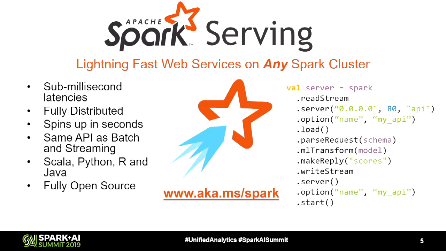And this will boot up and manage a server on each one of your worker nodes. And then you can work and manipulate it just like you do a regular data frame. You can apply anything in the Spark ecosystem that works with Spark streaming. And then the key abstraction here is that a server is kind of like a stream where the source and the sink are the same web request. And so that's where this paired sync comes from.